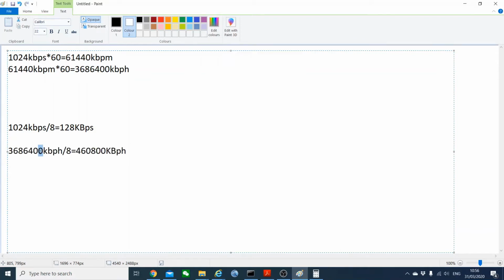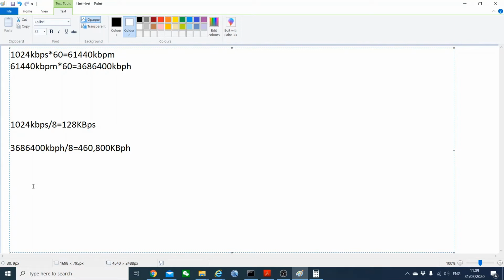So we took this large number that represents the camera's recording in 1 hour in kilobits, and we divided it by 8 to get the upper level. So we got 460,800 kilobytes, this time in capital, per hour. So this camera will record 460,800 kilobytes per hour.